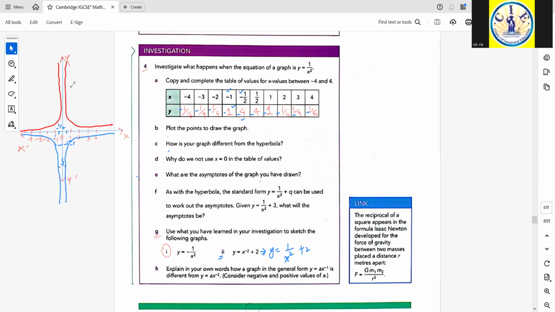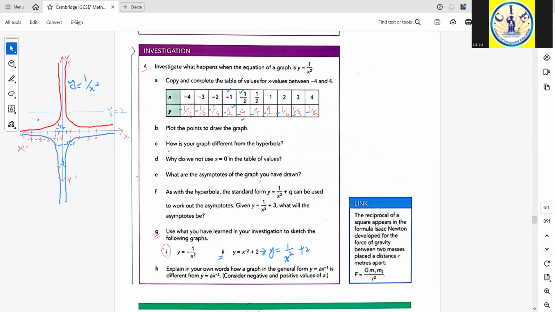Since this is a graph of y is equal to 1 by x squared, and for the line y is equal to 2, this is going to be the line for y is equal to 2. So now this is going to serve as the asymptote for the new graph.